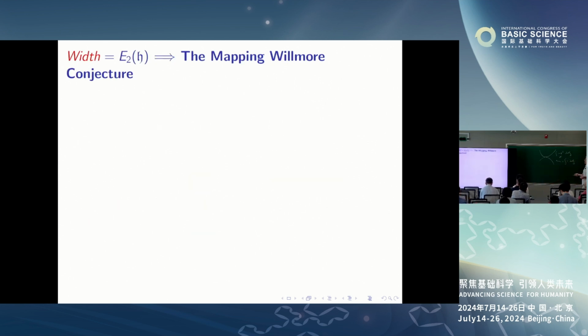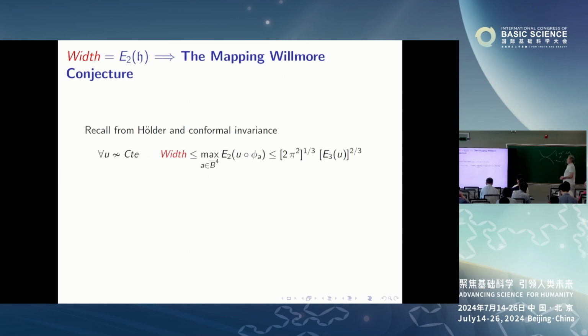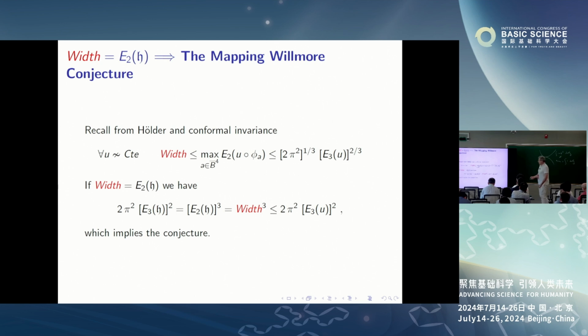And this would imply the mapping Willmore conjecture, because then, you see, the 3 energy is controlling the width with the power 2/3 here, and with this multiplicative coefficient, if u is non-constant. And if the width would be equal to the Dirichlet energy of the Hopf map, then you have this inequality, which implies the conjecture. Because, again, for the Hopf map, you have an equality here. Exactly like for minimal surfaces, you have equality between the two.